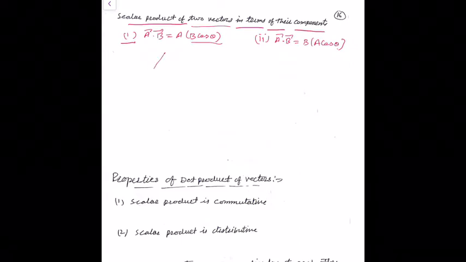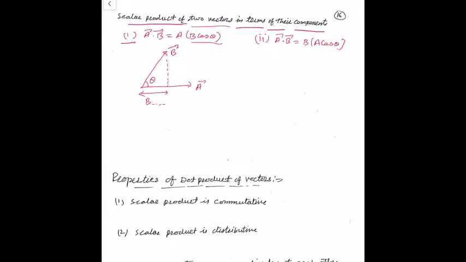It means, suppose two vectors A vector and B vector, the angle between them is theta. So drop the perpendicular on A vector, so it is B cos theta, the horizontal component of B.